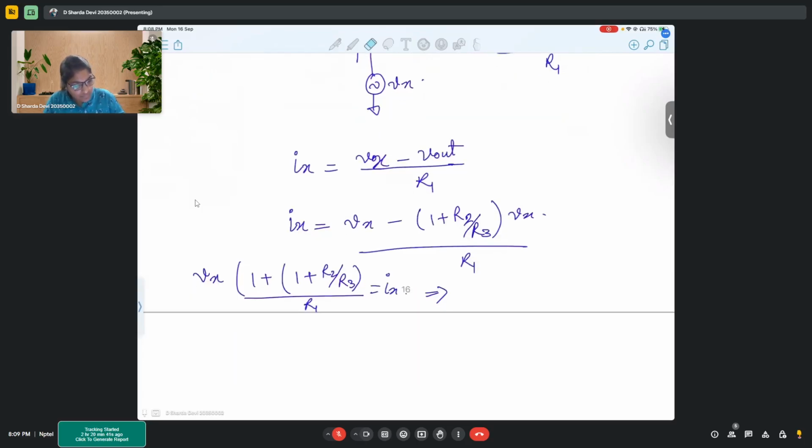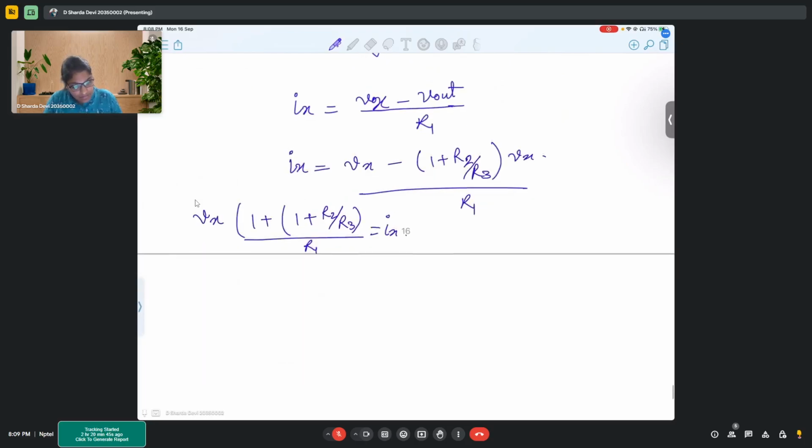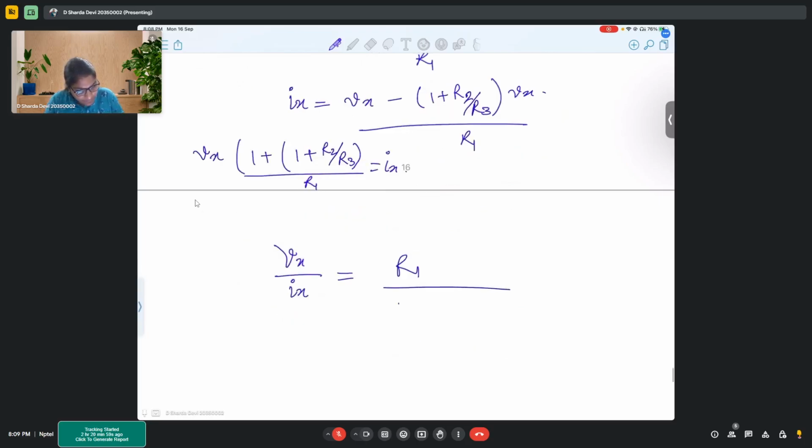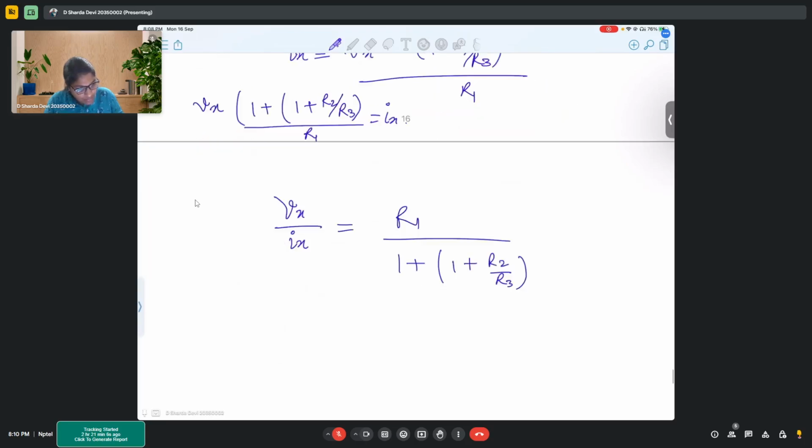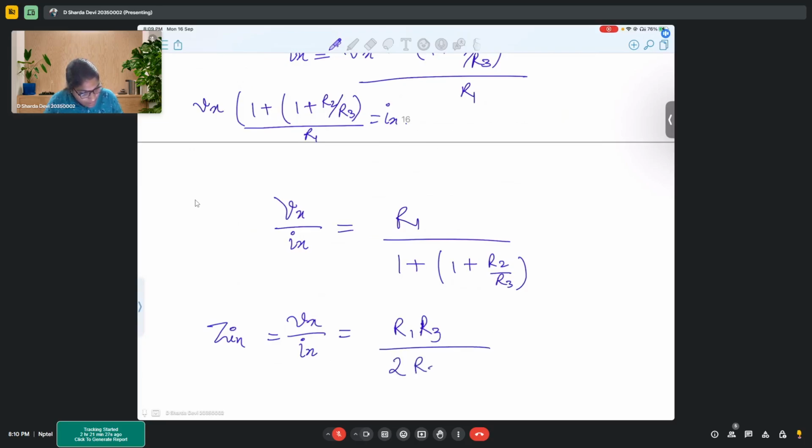So Vx by Ix is R1 upon 1 plus R2 by R3. So Vx by Ix, which is also Zn, is equal to R1 into R3 upon 2 R3 plus R2.